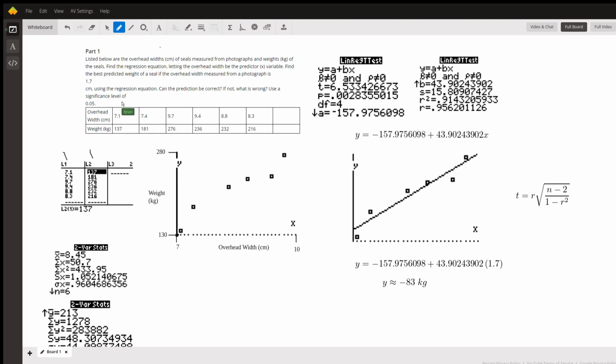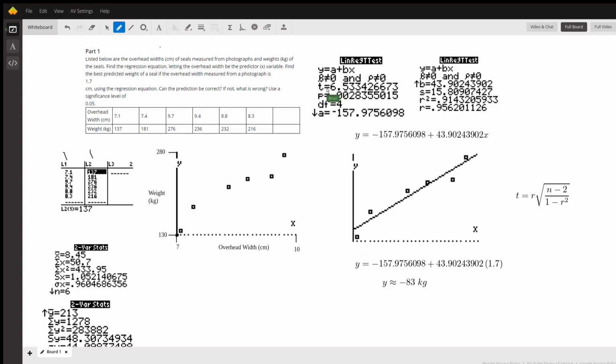The regression equation should not be used to determine the weight for a seal whose overhead width is 1.7, because that's not among the sample of data we have.